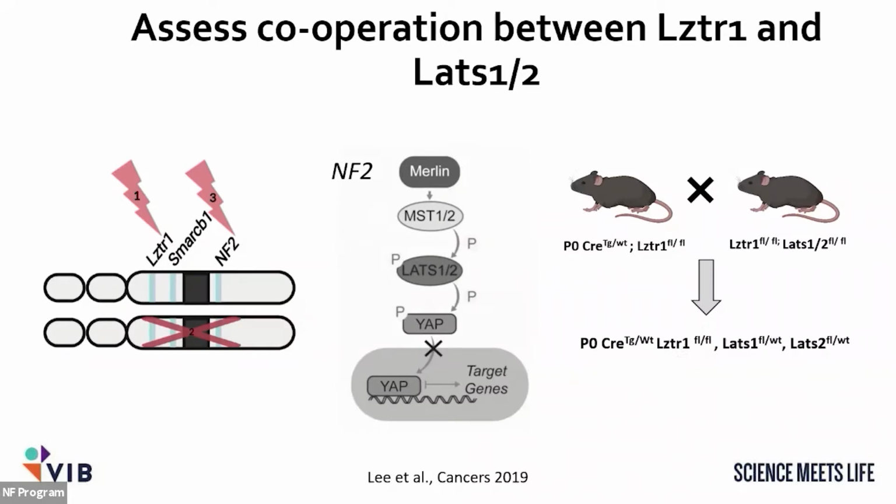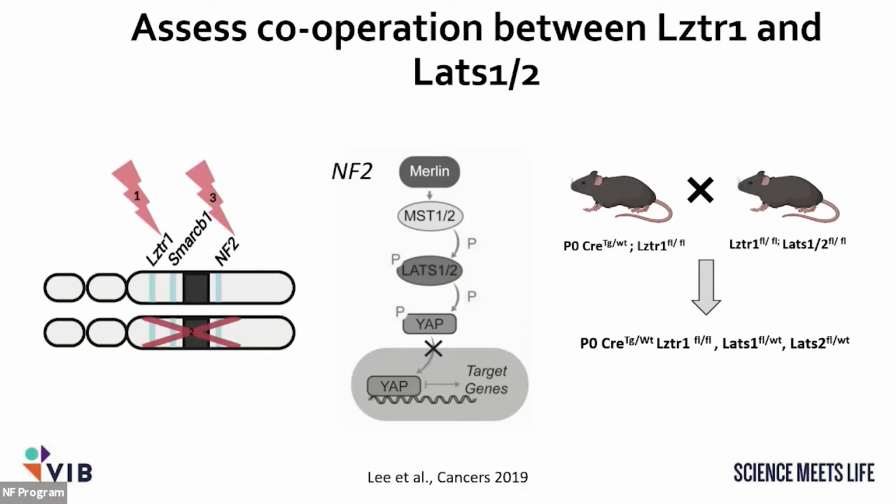But as I said, LZTR1 mutations are always accompanied by 20q loss, and in some cases also mutation of NF2. NF2 is a gene coding a protein called Merlin, which is a quite well described component of the Hippo pathway. So that's why we decided to see whether LZTR1 loss could cooperate with Hippo signaling to induce schwannoma development.